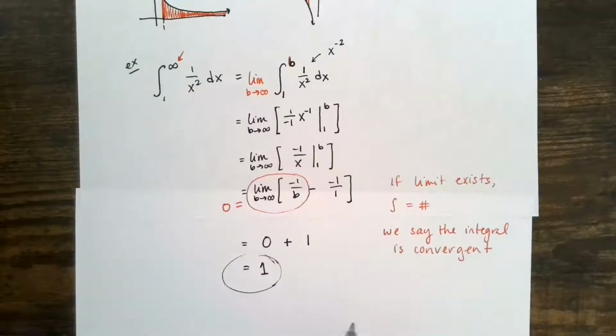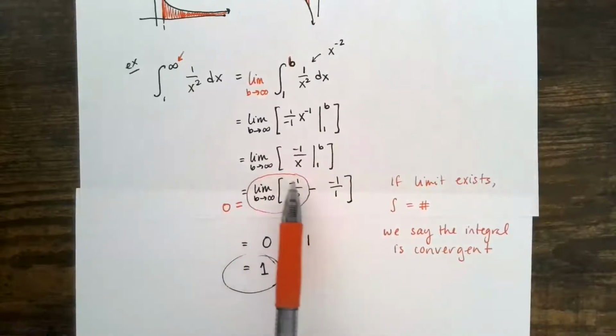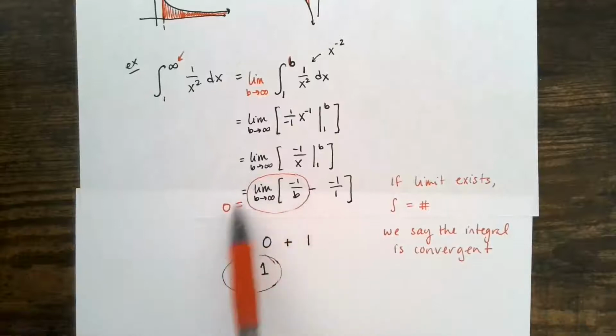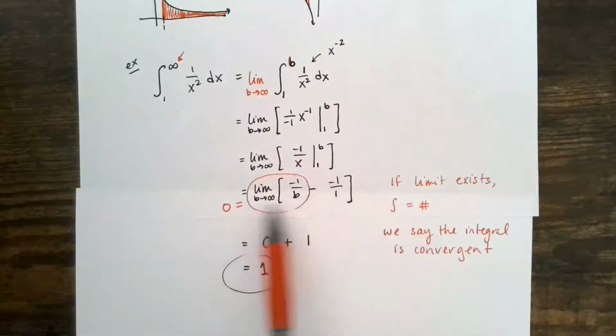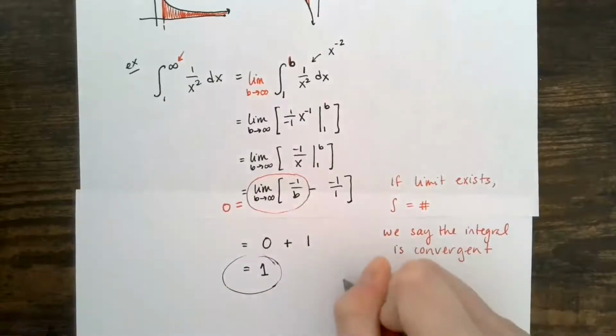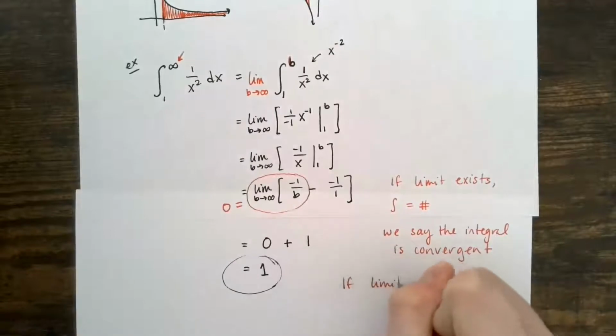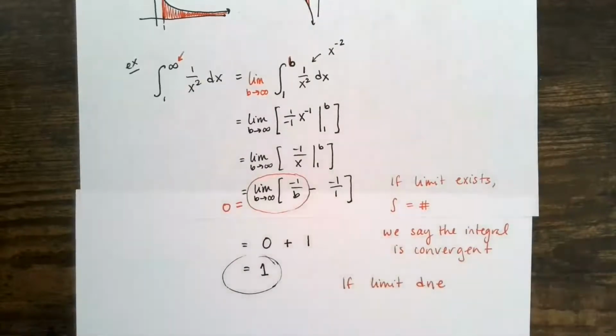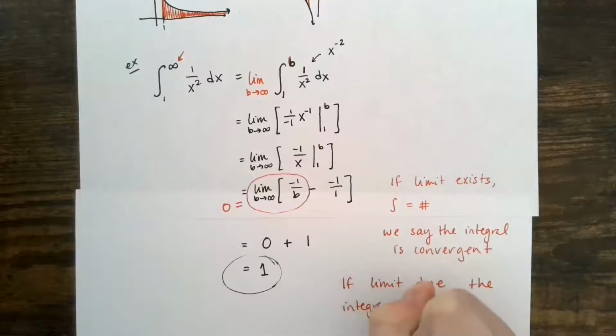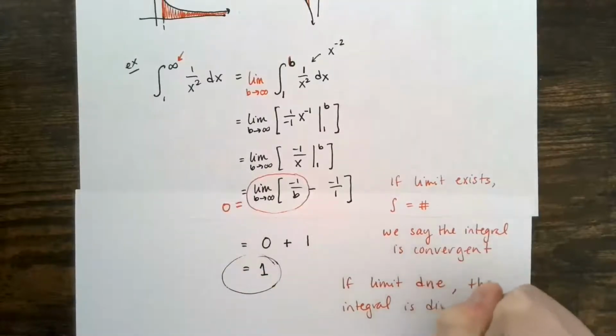Now, the other scenario that's possible is that when you get to this step, this limit doesn't exist. So either it equals infinity, negative infinity, or it's something that oscillates and it's a DNE for some other reason. So if the limit does not exist, that's my abbreviation for does not exist, the integral that you started with, the improper integral at the beginning, is divergent.